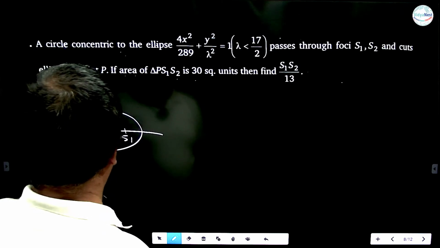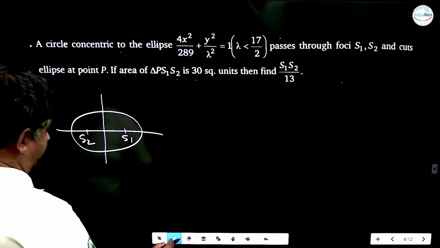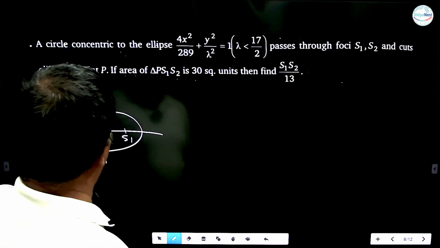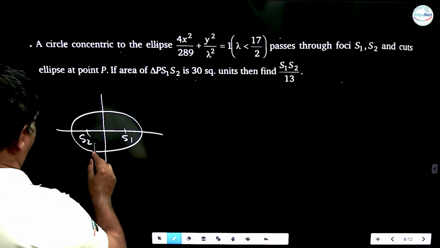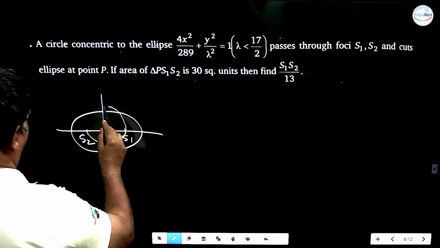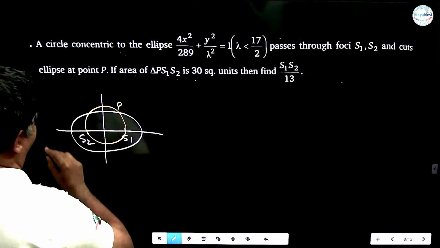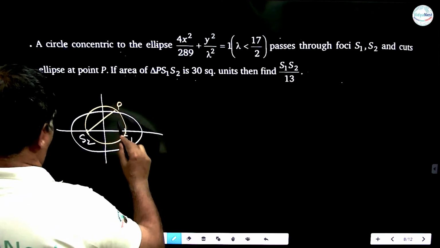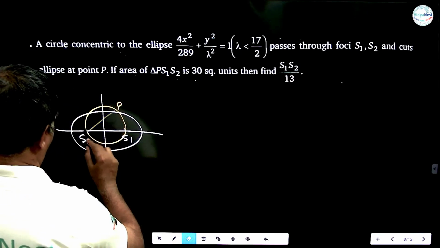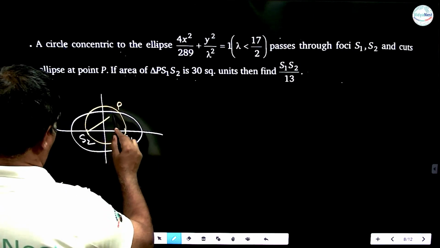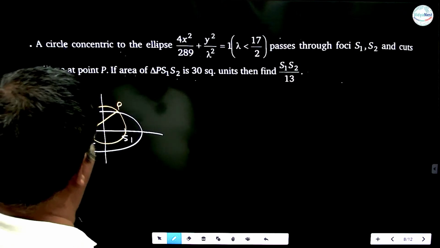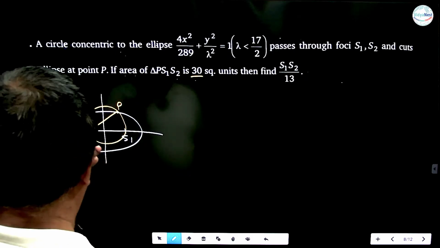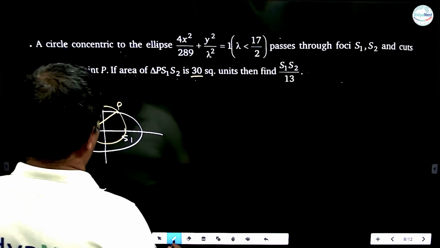Now one circle passes through S1, S2 and cuts it at P. And the area of triangle PS1S2 is given as 30. We have to find this.